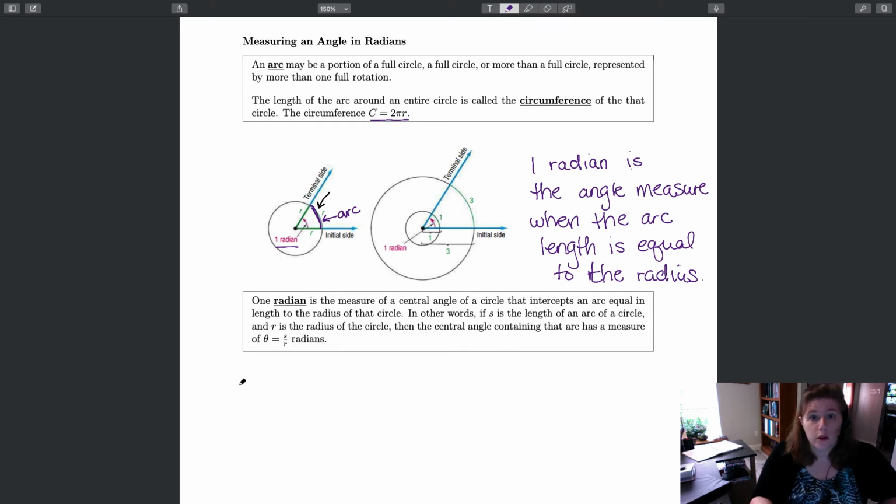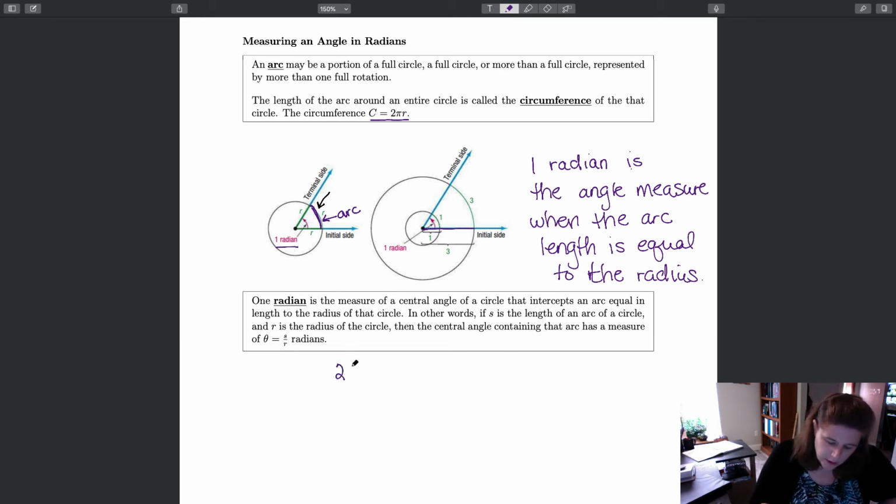Now you can have more than 1 radian, or you could have a fractional portion of a radian, and we'll talk about those soon. Similarly, in this circle, this is actually a circle with a radius of 3. You see that the arc length is also listed as 3 here. So this central angle measure here is also 1 radian. Now you notice that radian does not have the degree mark, so if you are dealing with an angle measure and you do not have that degree mark, we're assuming it's in radians.